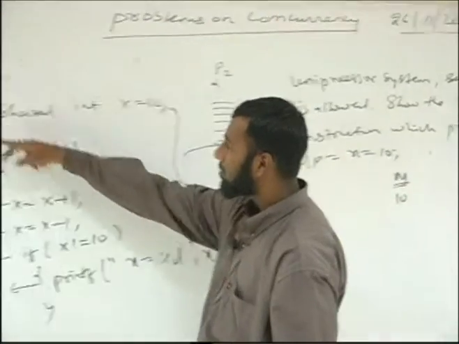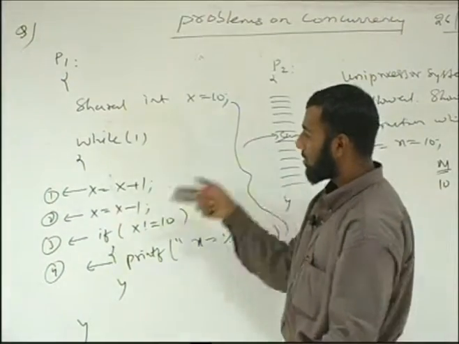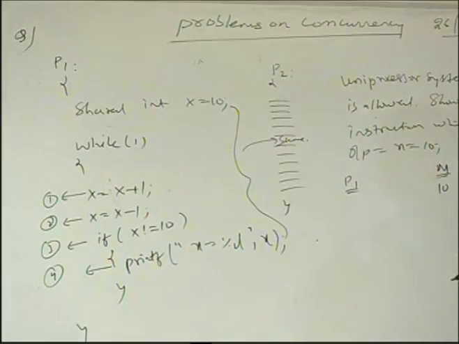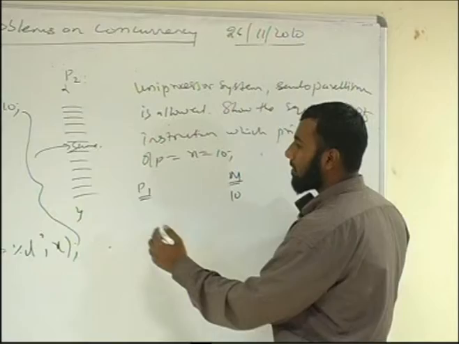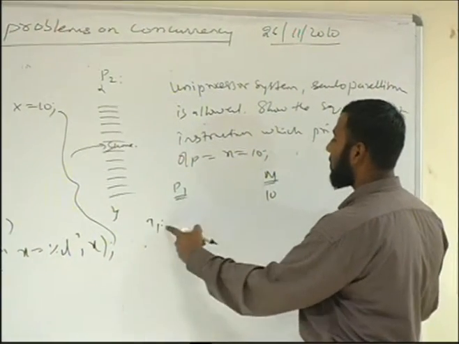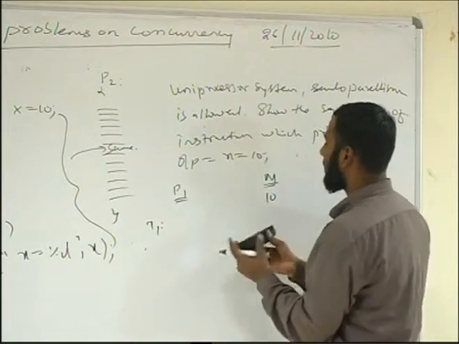I am leaving out the other instructions, but we start from here to focus on what the problems with concurrency are. So at time t, the process sees the value of memory to be 10.